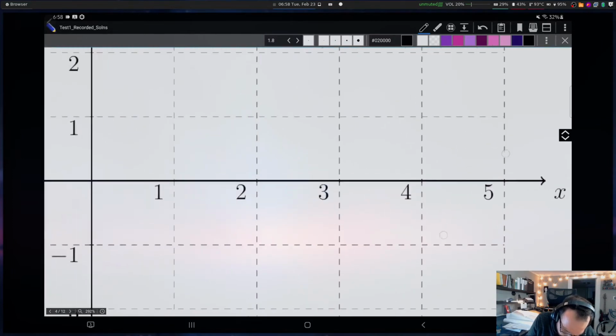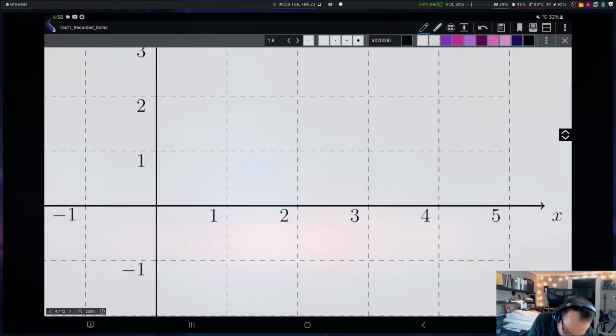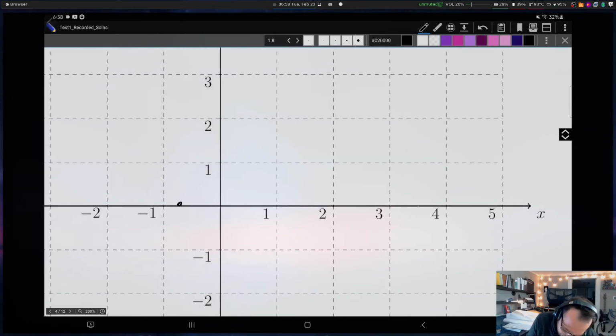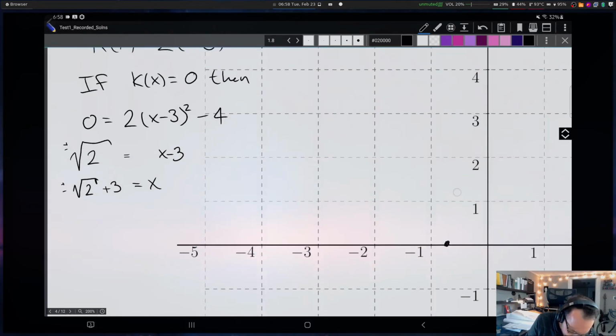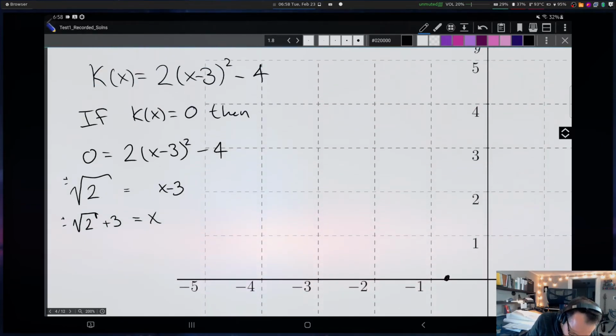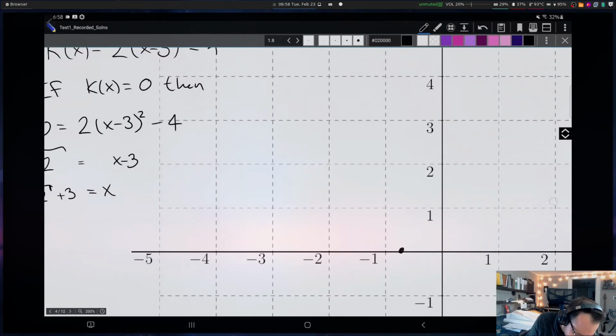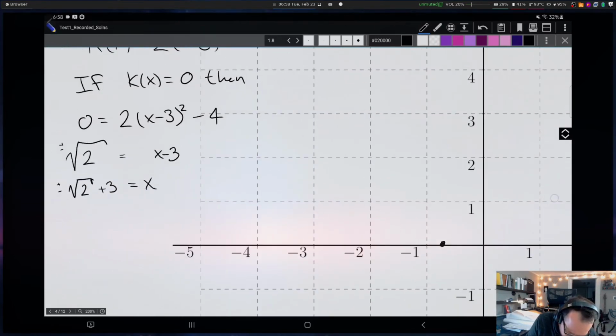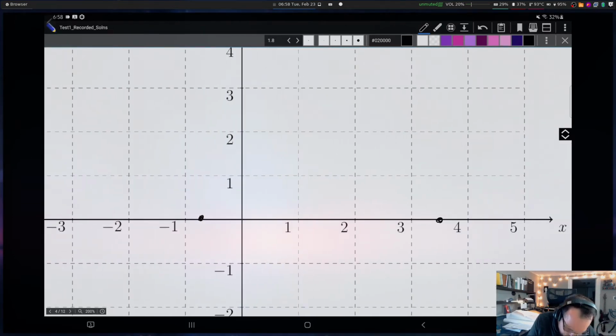Okay, and then if I just go over here, square root of 2, who knows, it's like 1.14 or something. So maybe you get something over here and something over here. I'm just double checking now, yeah, I think that should be fine. So maybe negative root 2 plus 3 is over here somewhere.